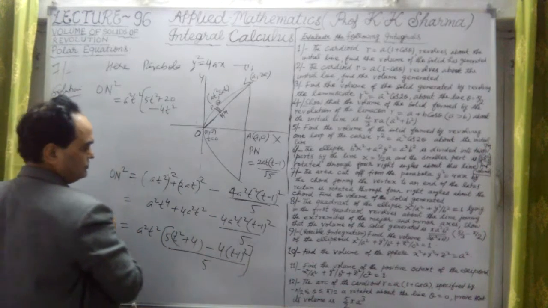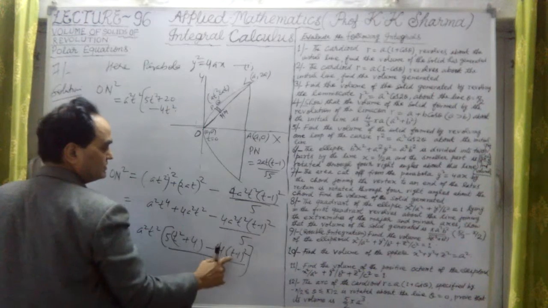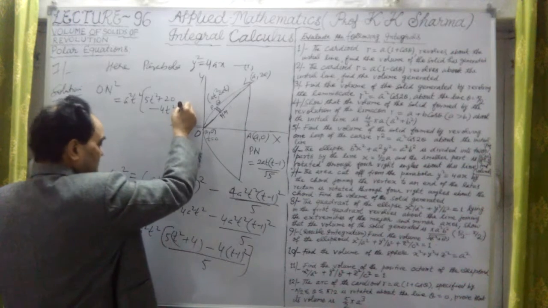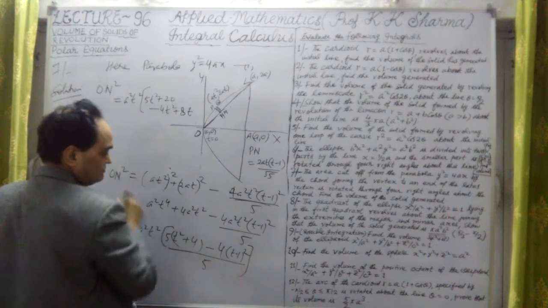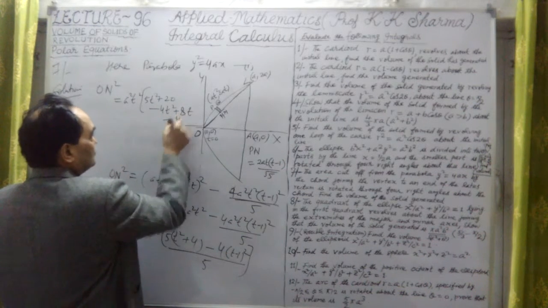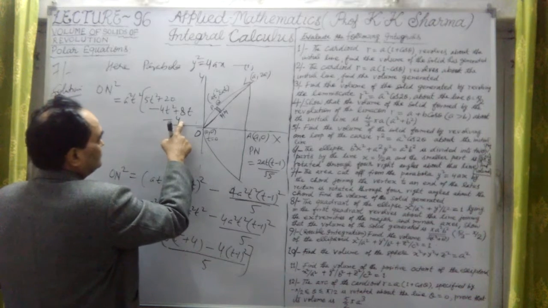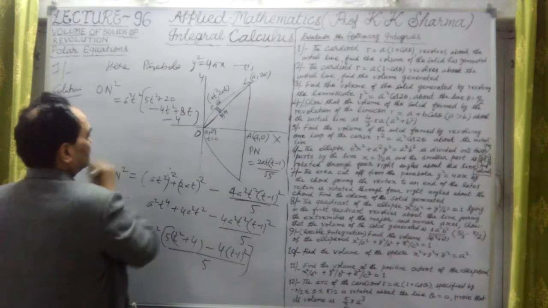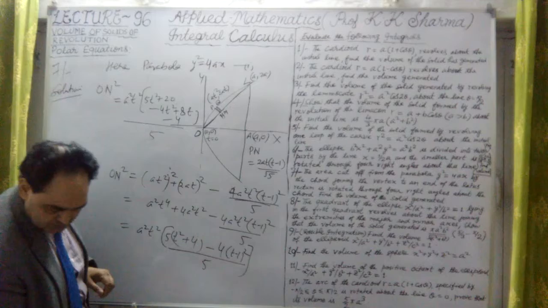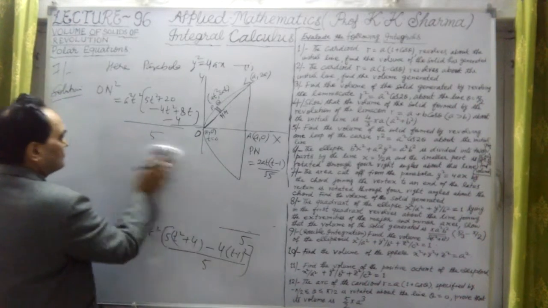If I open the whole square, it will be minus 4t square minus 4, and this is plus 8t, divided by 5. So finally, what do we get? Let me write it, further solving it.